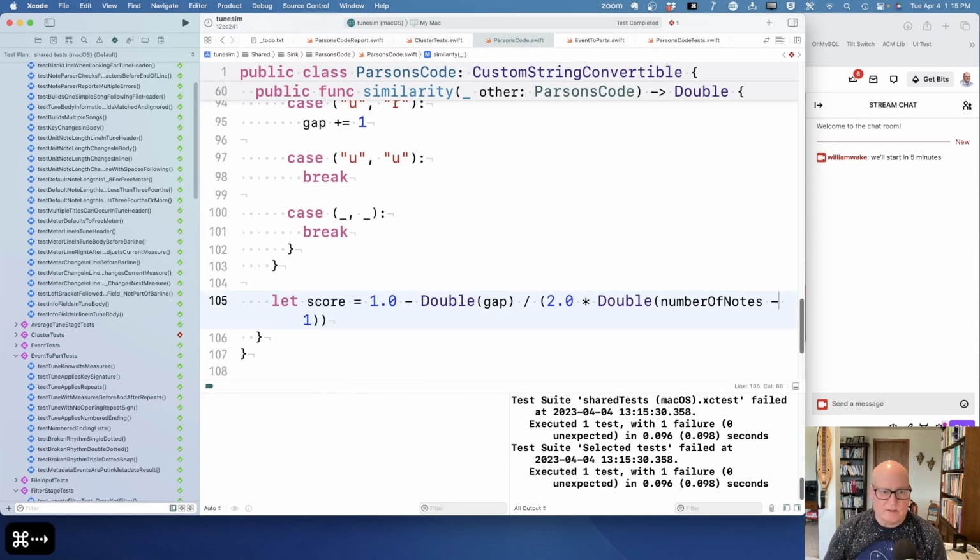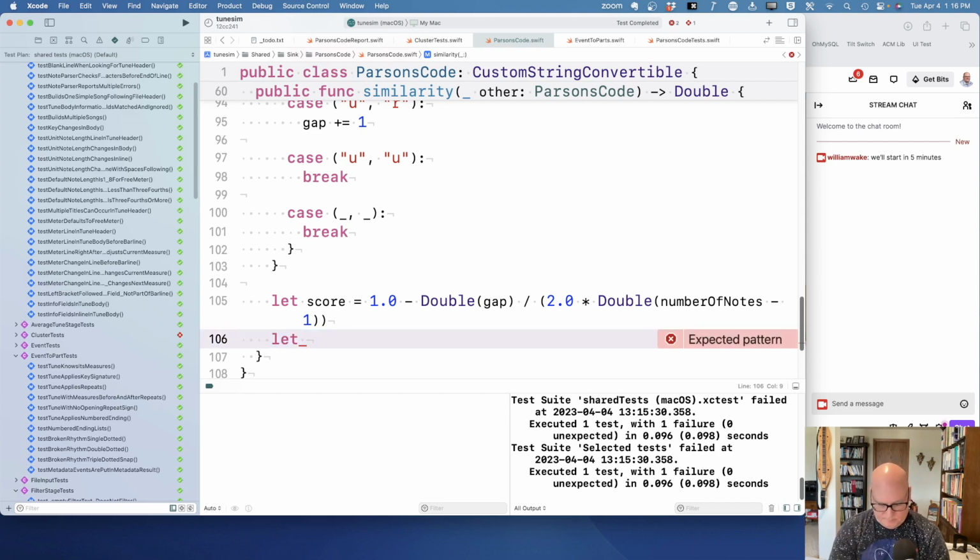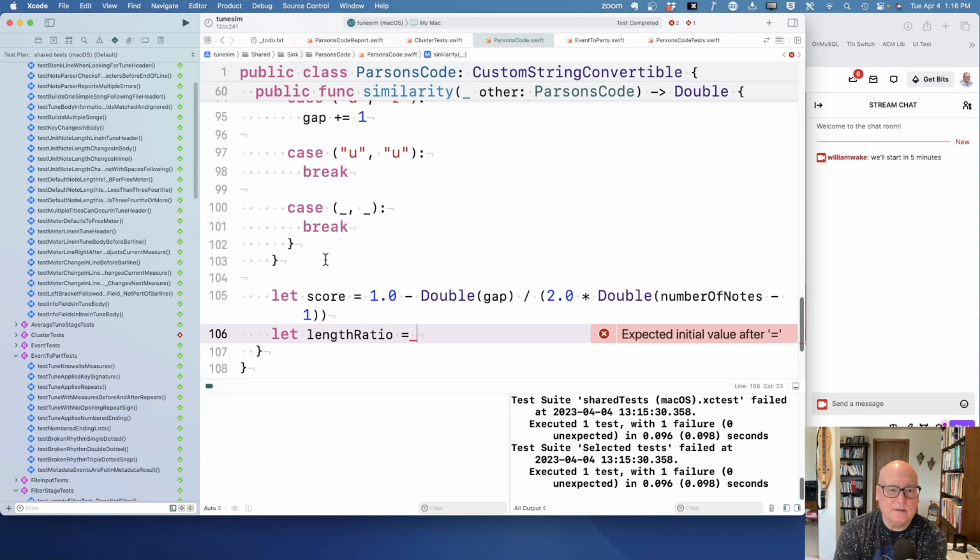We'll take that to be the score, and then we're going to return something. What's this? It's the length ratio. Now maybe I should just multiply by the length ratio.